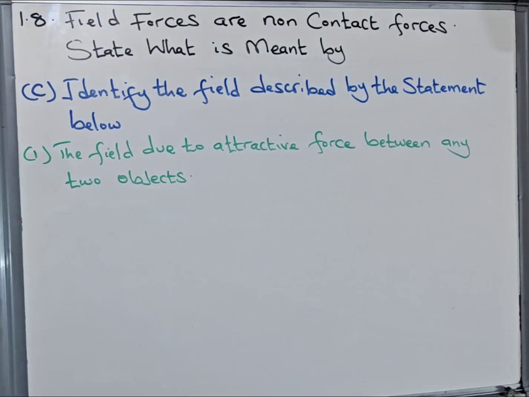Here we have to remember that there is a tendency for every object to attract. So this kind of attraction is due to a field which we call gravitational field, and a force which tends to bring the 2 objects together, we call it gravitational force.